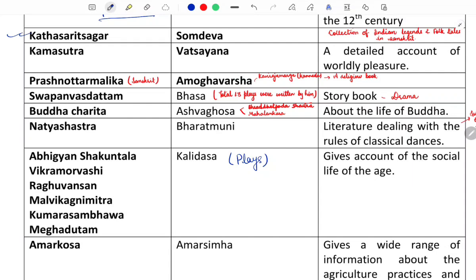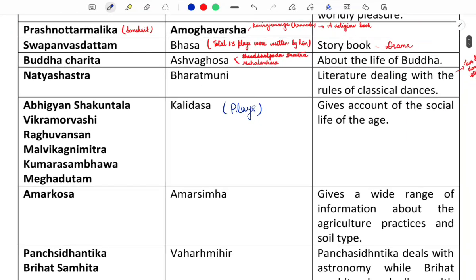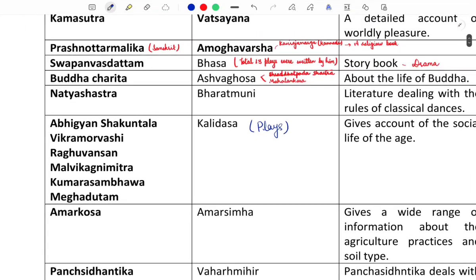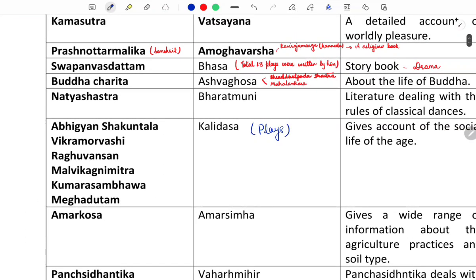It was about sexual intercourse and a lot of things you can learn from this book, but not here. It is important for the exam, but in real life also people read this book nowadays as well.